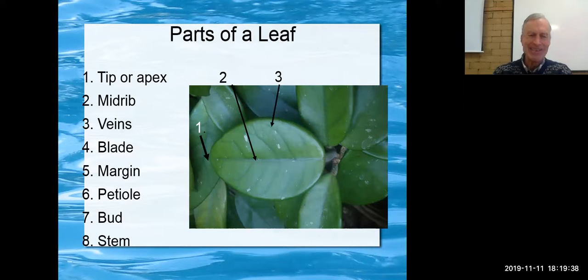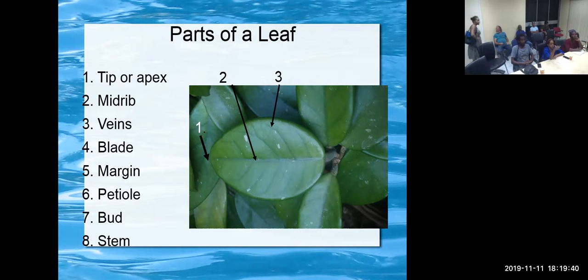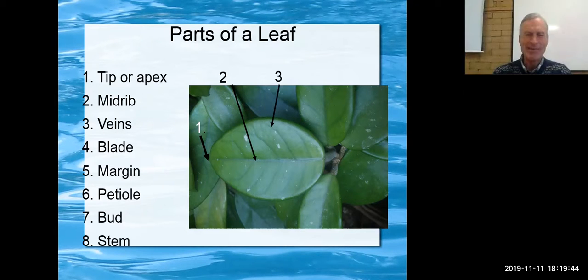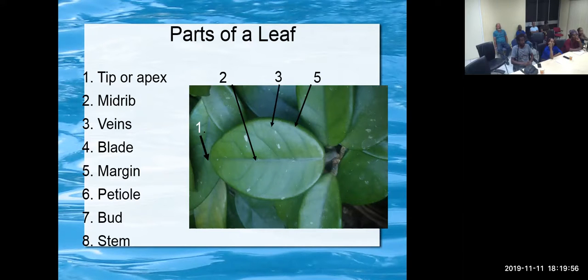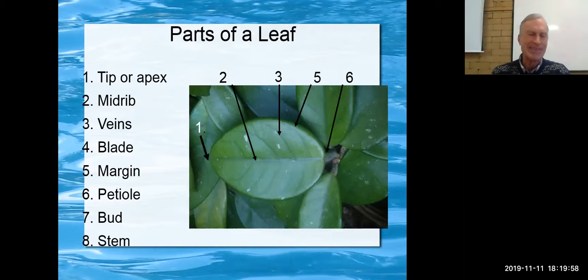And there's the veins. And the blade is just the whole thing, the whole flat part of it. And there's the margin. Where's the petiole? It's on the right. On the right, there's the petiole. There's no bud or stem on this one.